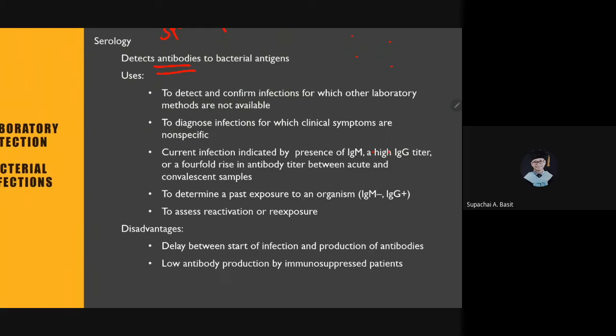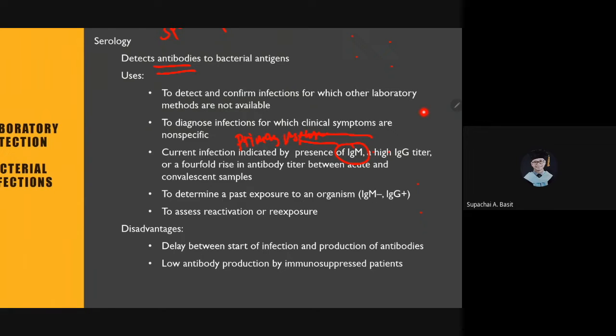Okay. And then we can diagnose infections for which clinical symptoms are non-specific, such as diarrhea. Diarrhea could be attributed to any other kind of etiologic agent. Or we can determine current infection if the person is positive for IgM. IgM is actually a primary response.